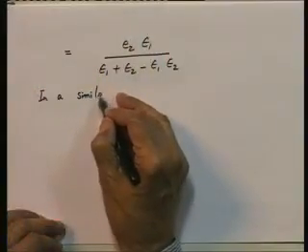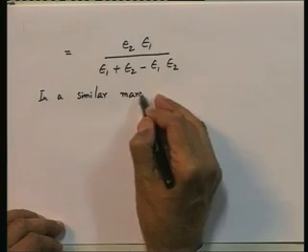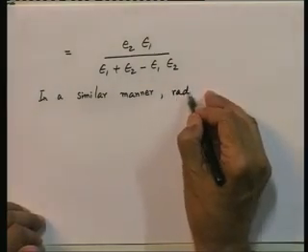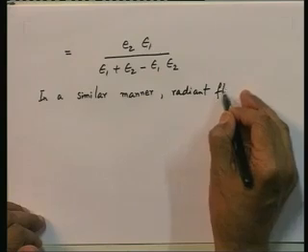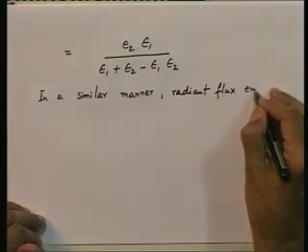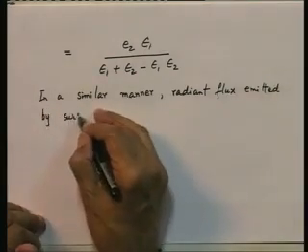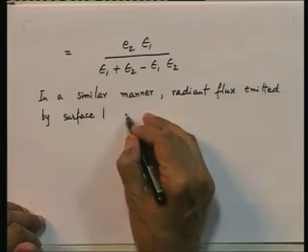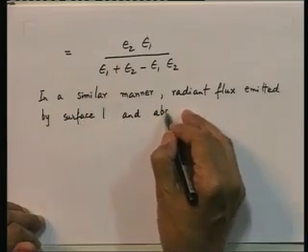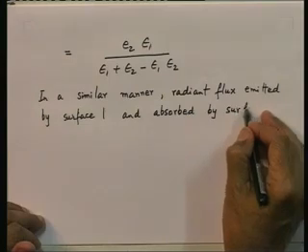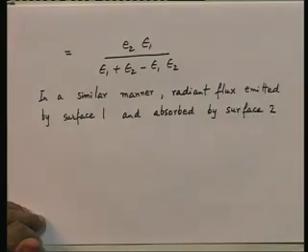Now, in a similar manner, we can find the radiant flux emitted by surface 1 and absorbed by surface 2, right.